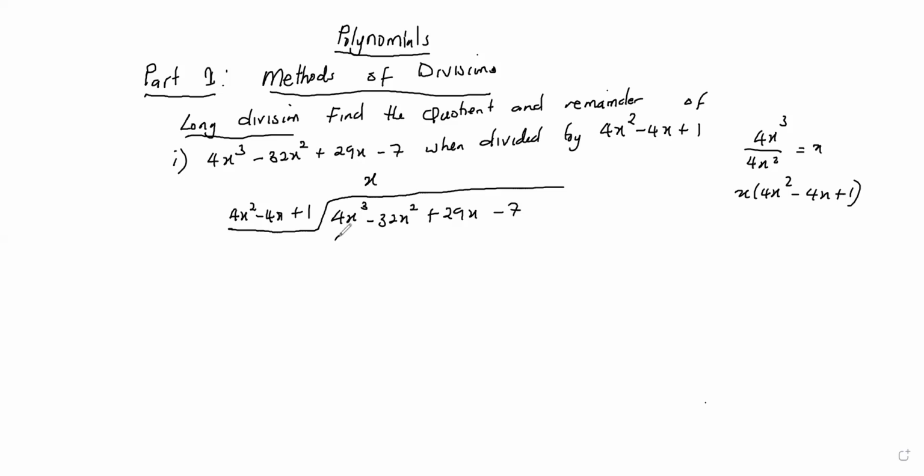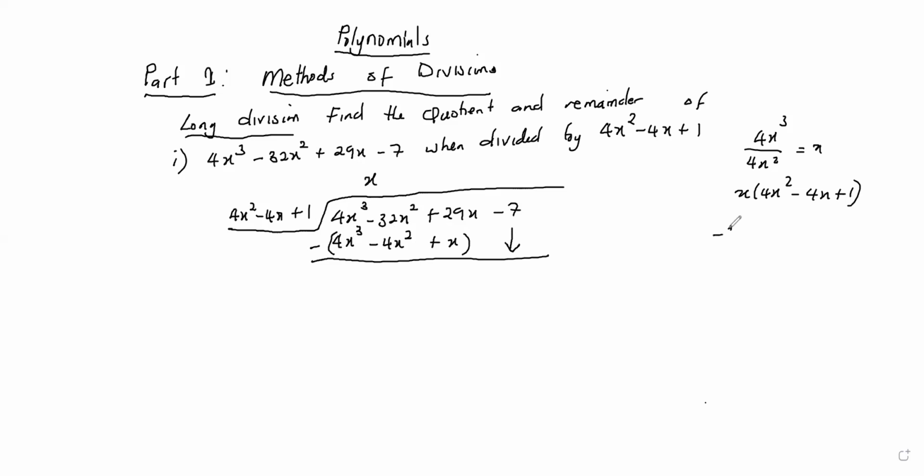So we'll get 4x power 3 minus 4x squared plus x, and then subtract. So this one, it will just come down because there's no constant that we have. So 4x power 3 minus 4x power 3, we get a 0.